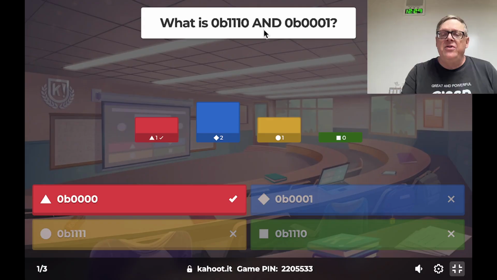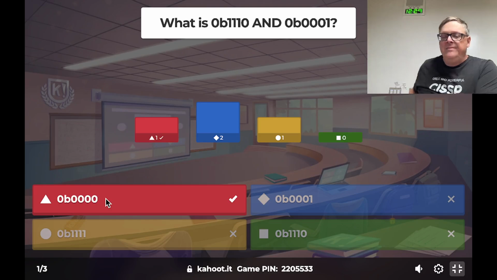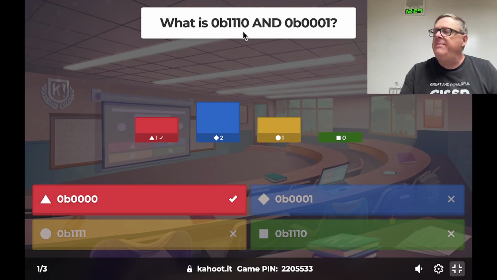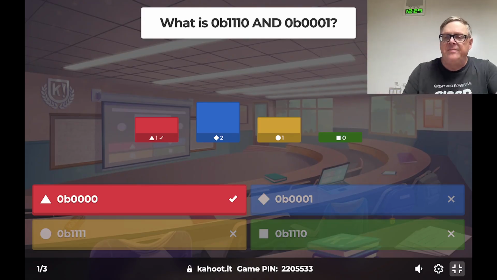The last one here is 0, and the last one there is 1, so all the bits turn to 0 if you combine them with an AND. Because an AND means both corresponding bits have to be 1 for you to get a 1, otherwise you get a 0.